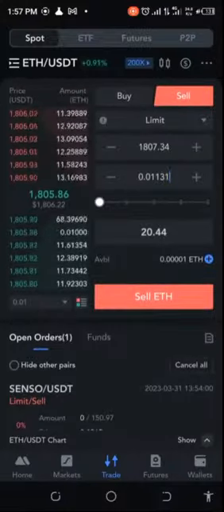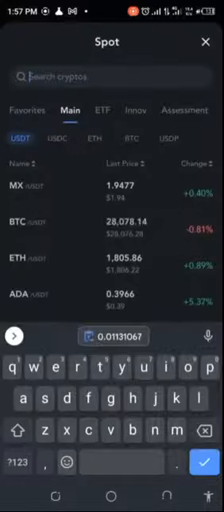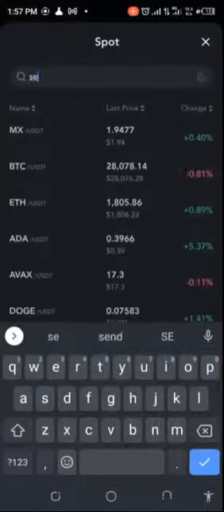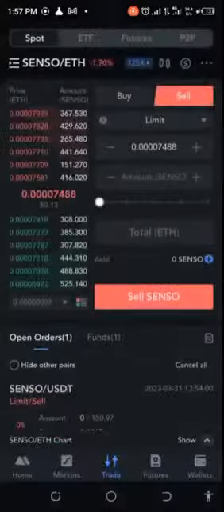Right now, ETH is 1805. So let's go see whether that's possible. Let's just quickly do this. I'm just going to put the Senso and see whether I'm going to be able to quickly make back my money.